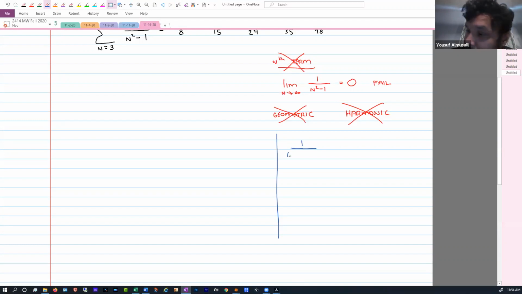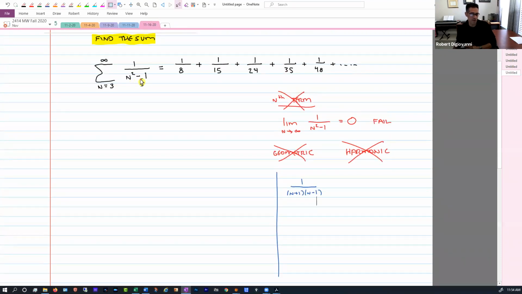We have to factor the denominator. N squared minus 1 is a difference of squares, so I factor it that way. It's going to give me A over n plus 1 plus B over n minus 1. Can I just save us the time and give you what it is? What you wind up getting here is -1/2 for A, and for B, you get +1/2.